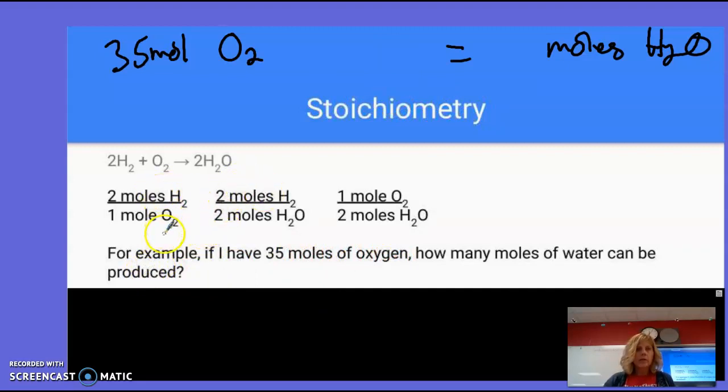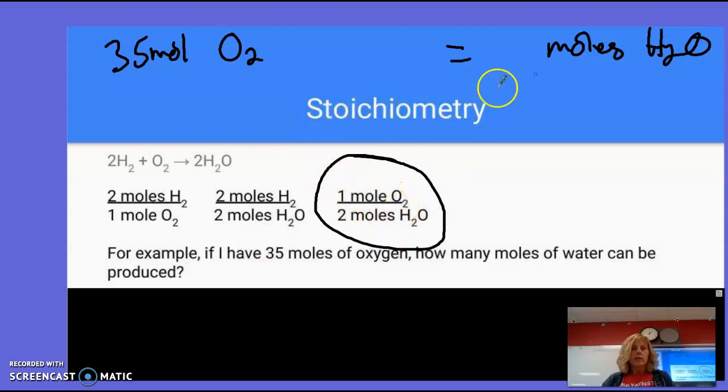This one is hydrogen and oxygen, hydrogen and water. Oh, right here, right? Moles of oxygen to moles of water. Remember, I can flip this, and clearly I'm going to have to because I want to end up with water, so water has to go on top.